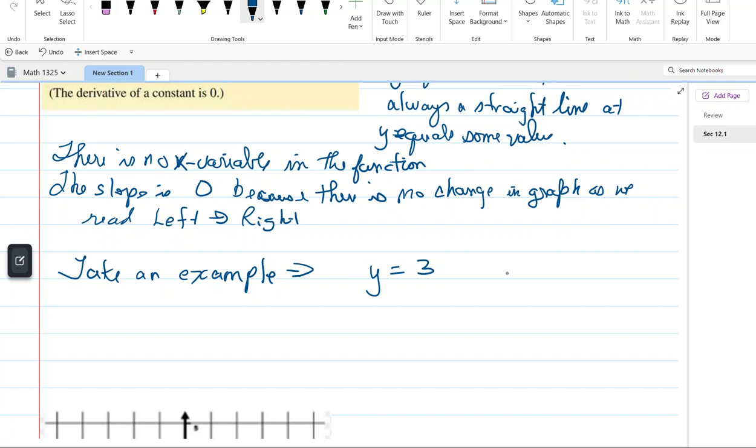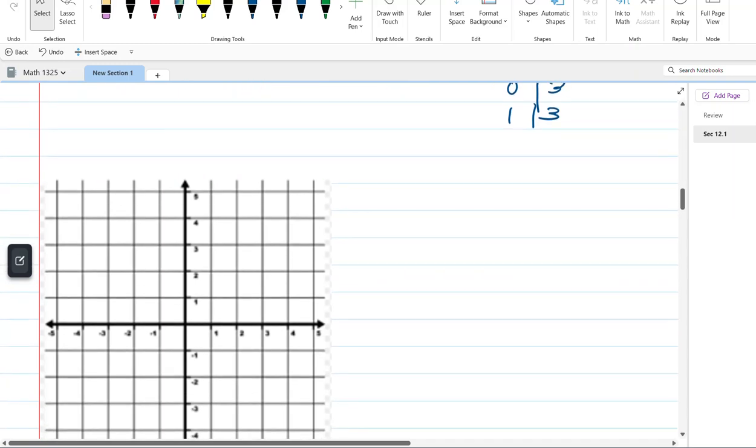I'll make a t-chart, assign values of x on the left, and on the right, insert the y values. Now I'll graph the function.